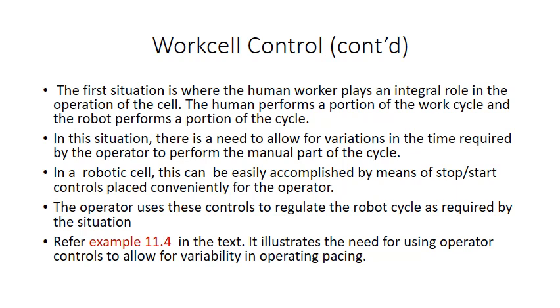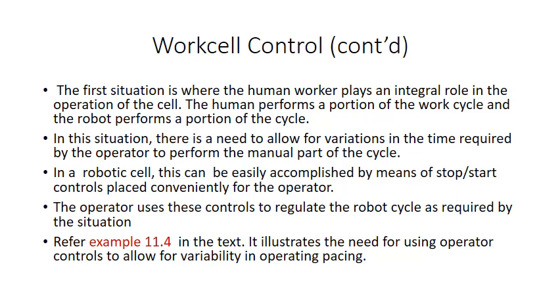The first situation is where the human worker plays an integral role in the operation of the cell. The human performs a portion of the work cycle and the robot performs a portion of the cycle. In this situation, there is a need to allow for variations in the time required by the operator to perform the manual part of the cycle.